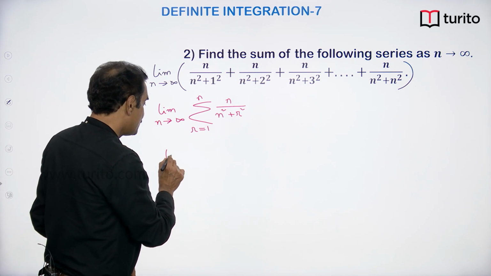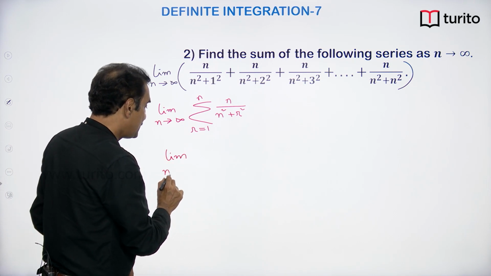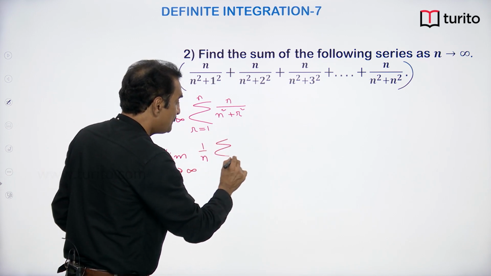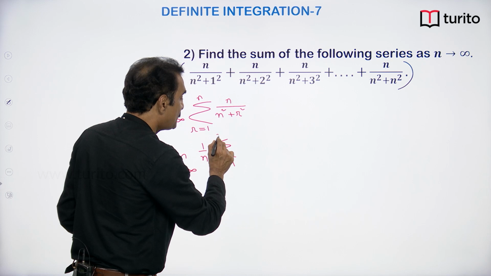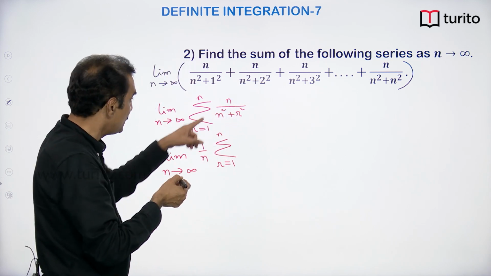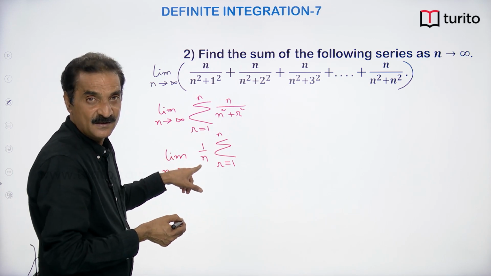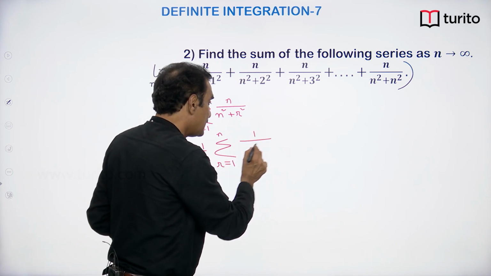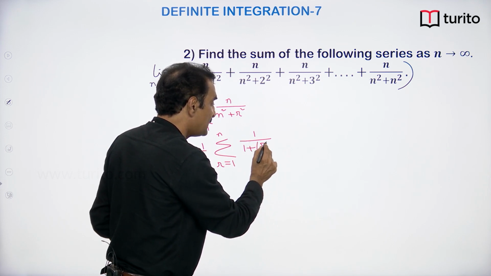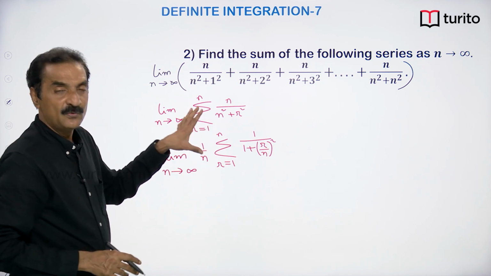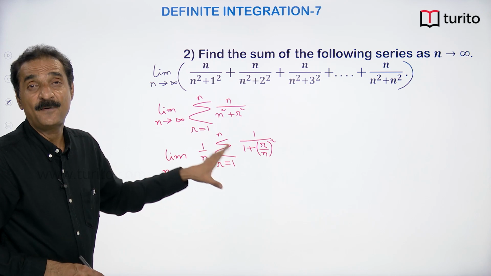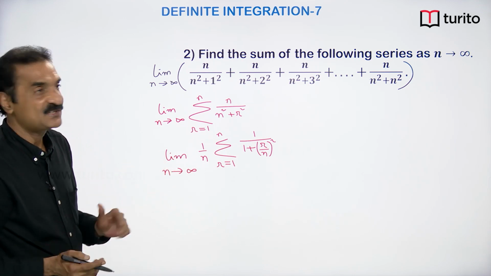Then it becomes limit n tends to infinity 1 by n sigma r varies from 1 to n. What happens? After taking n square common from the denominator, 1 n cancels, another 1 by n is here. It will be 1 by 1 plus r square by n square, that is r by n whole square. Now it is exactly in the form of limit n tends to infinity 1 by n sigma f of r by n. Now what is the next step?